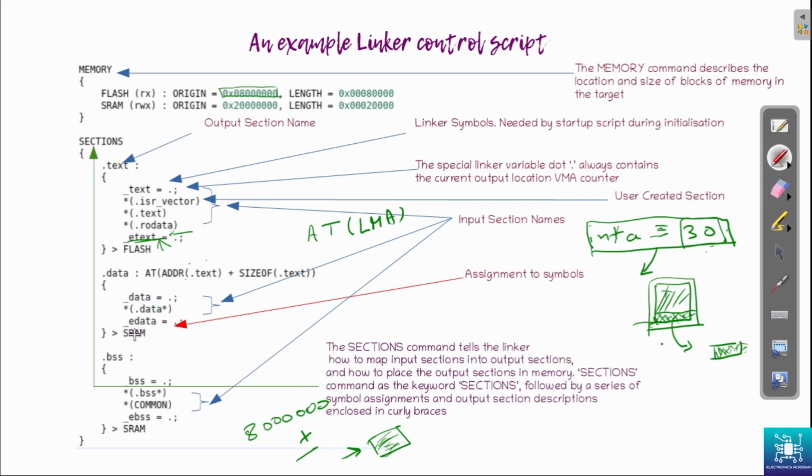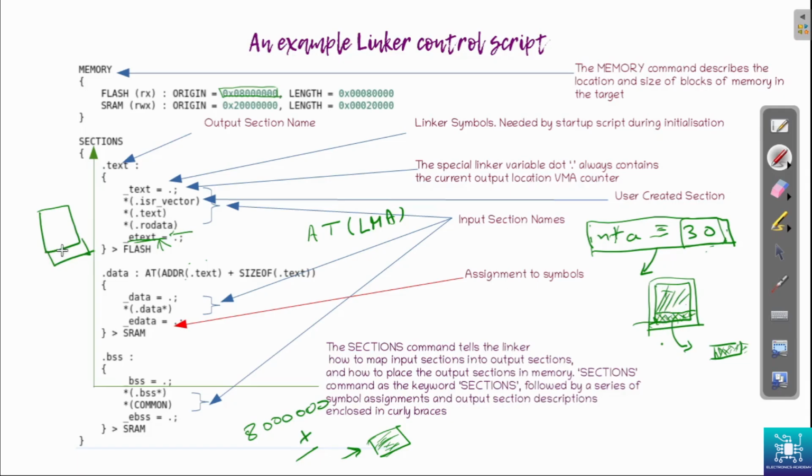So this actually goes into the SRAM, but whatever you see here puts the data with the boot image. Let's be very clear about this. The boot image has the text section and the data is coming just after this, as we saw here.